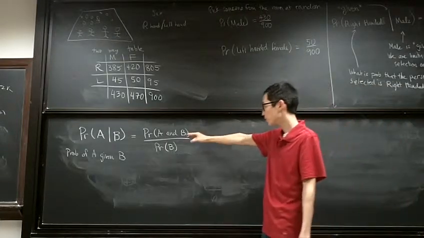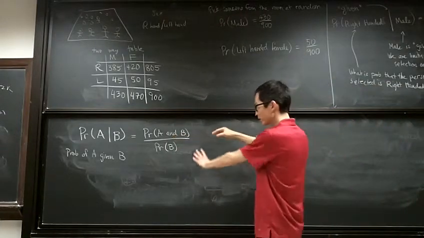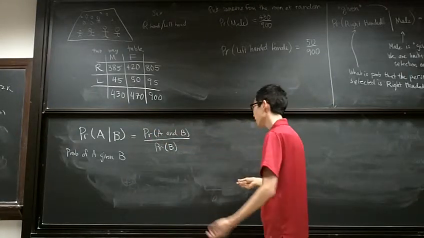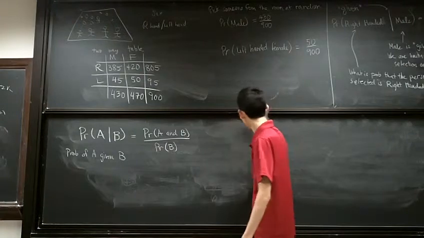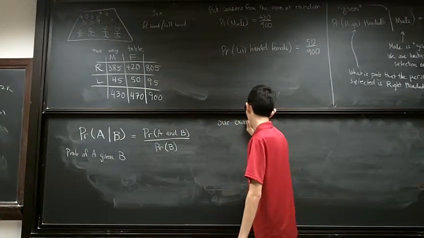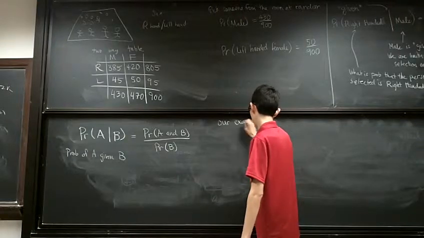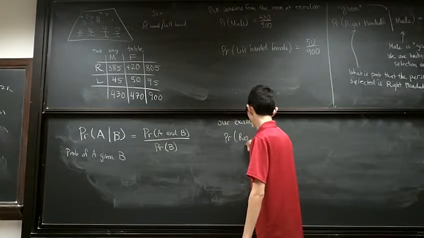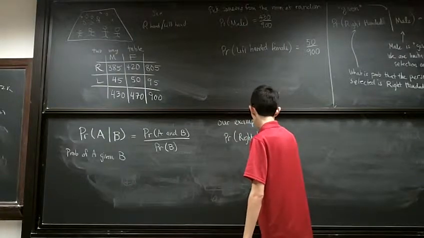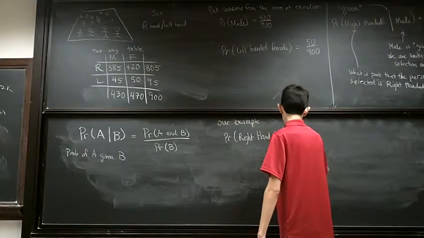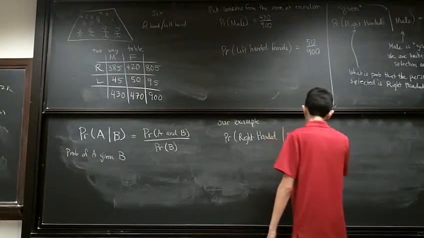So let me just show you. See, probability of A given B equals probability of A and B divided by the probability of B. So, using our example, we're going to say the probability of right-handed given male.